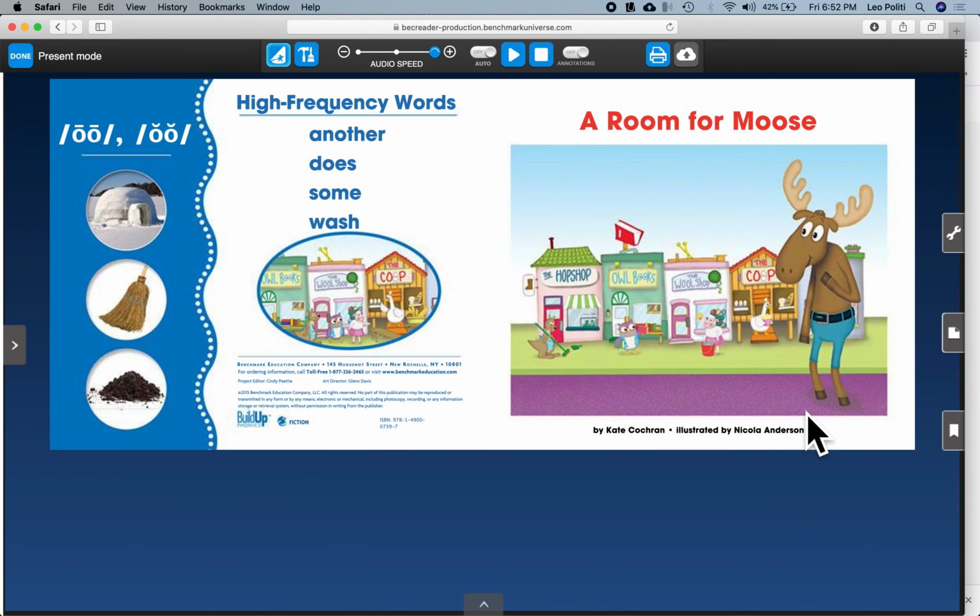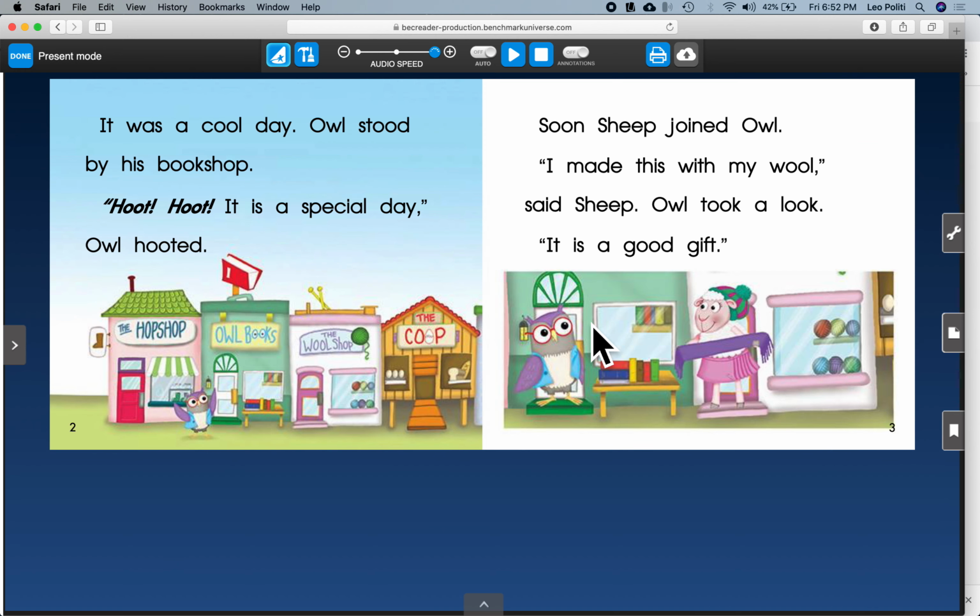Browsing, usually when you have a decodable, you can browse more than just the title, right? You would browse the title page. You might say, oh, I see lots of buildings. They look like little shops. I think they're all selling something. And he's looking at them. You might even turn the page and look here. If I asked you, what do you see? What do you notice?